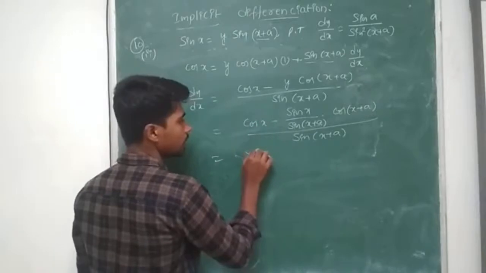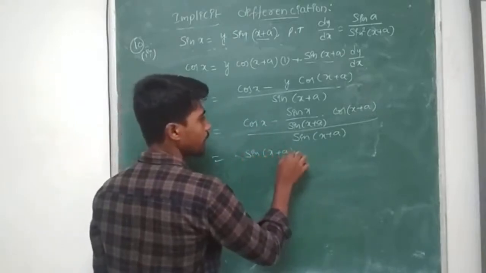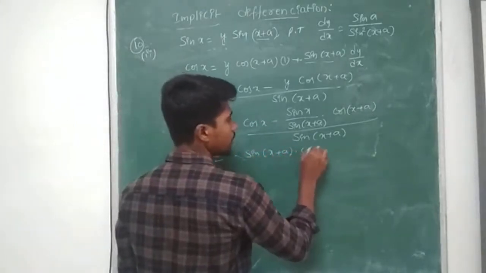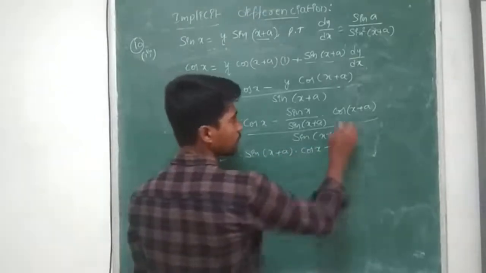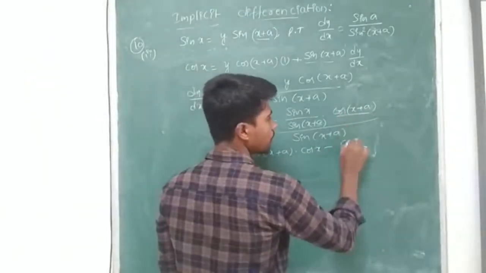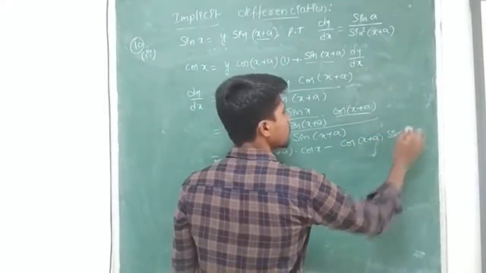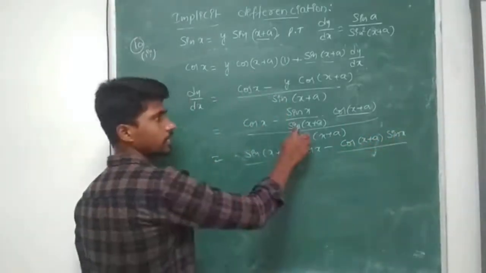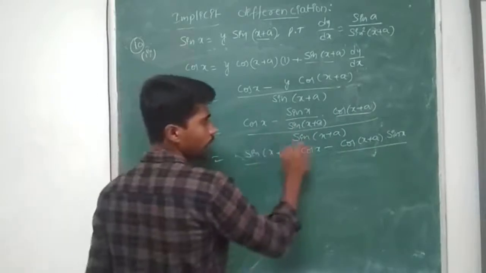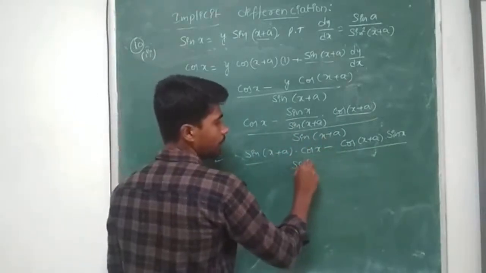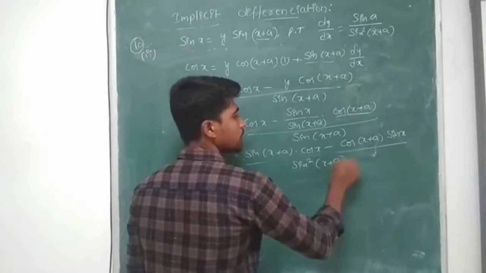So we get sin x into cos(x + a) minus, I calculate this one first, cos x into sin(x + a) whole divided by the sin(x + a) will come to the denominator, so into the same thing we get sin square(x + a).